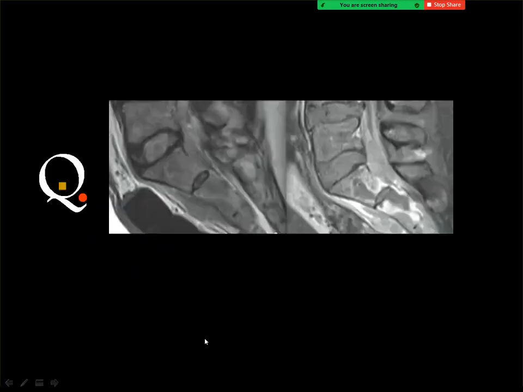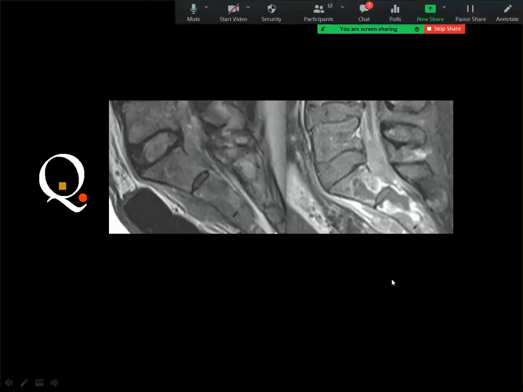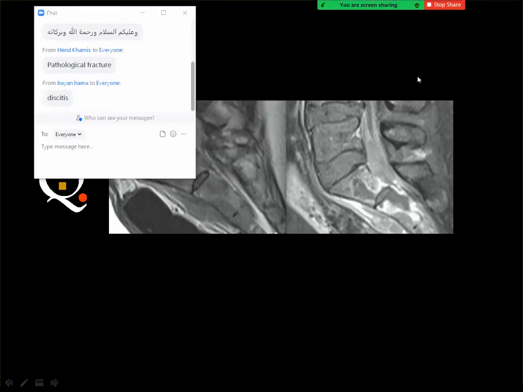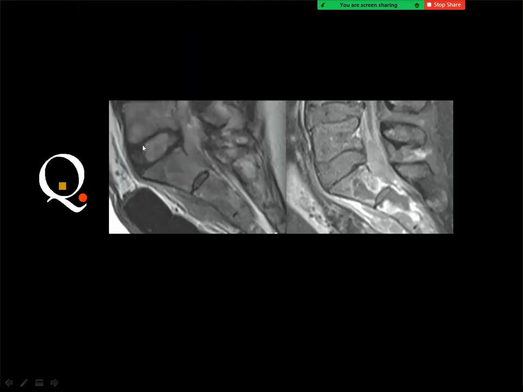The next case is for the spine, sagittal T2 and sagittal T1. Maybe this T1 is post contrast. Yes, discitis at the L5S1 level.